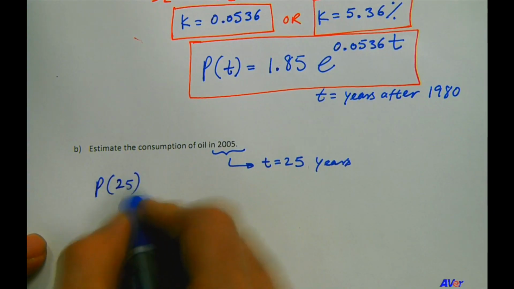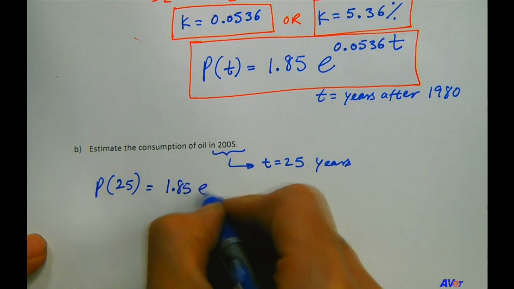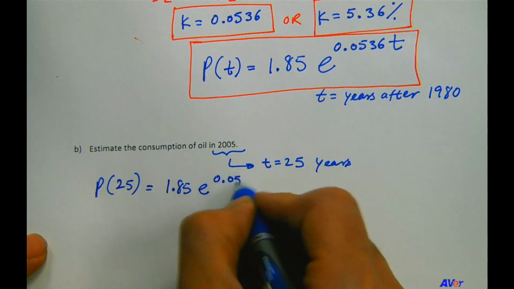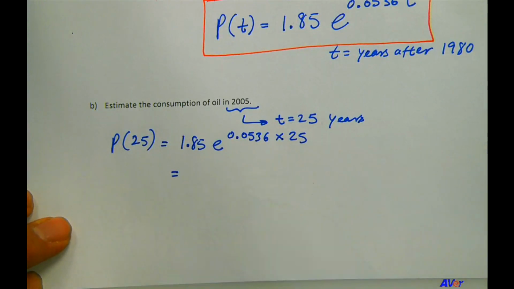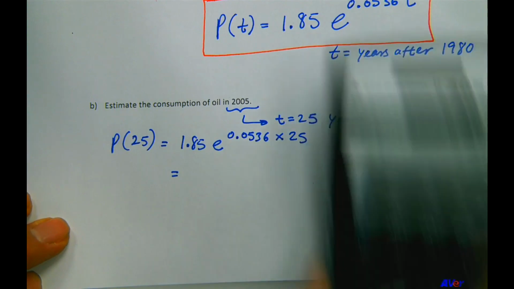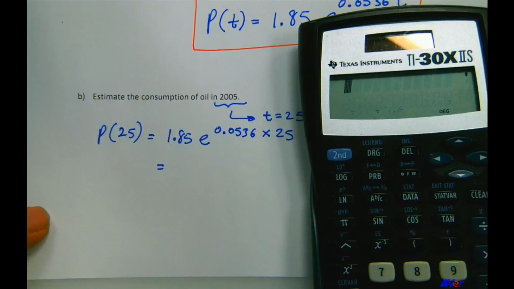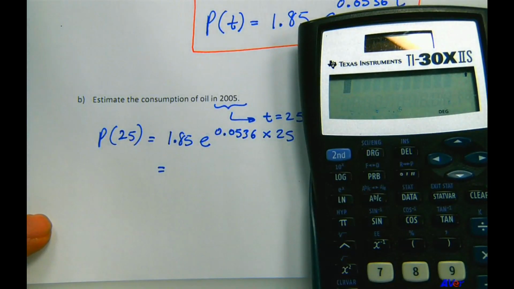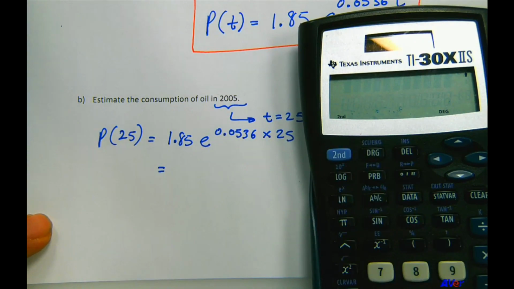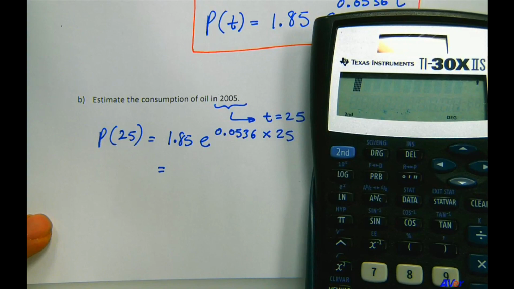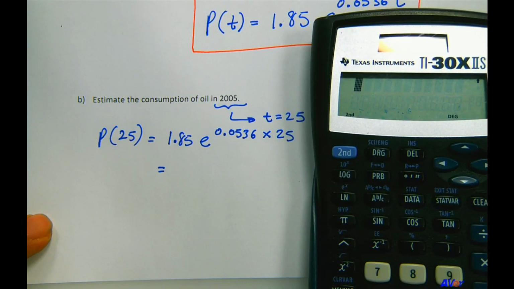So t is 25, equals 1.85 times e to the 0.0536 times 25. We have to observe order of operations. Remember that, please. Which means we first calculate e, the exponential function, to this power. So we have the exponential function, 0.0536 times 25.